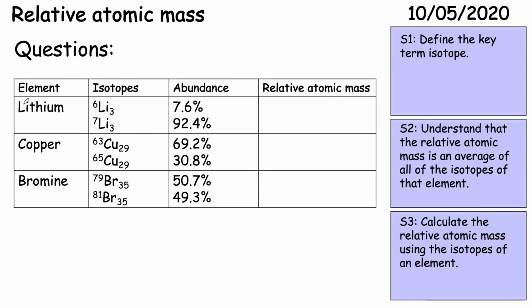If we have a look at question 1, lithium, if you remember the calculation, we need to use the mass of each isotope and the abundance of each isotope.